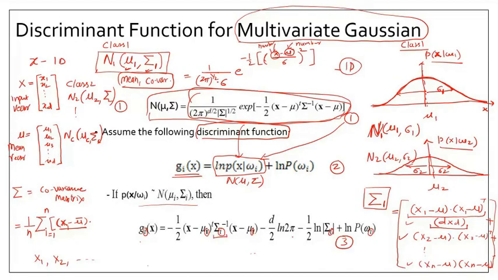We are now talking about this sigma term, which is here and here, and we are saying that sigma i is the same for all classes. That is our assumption, and that too we have off diagonal elements 0, and the diagonal elements are having the same entries. They are of the same value.